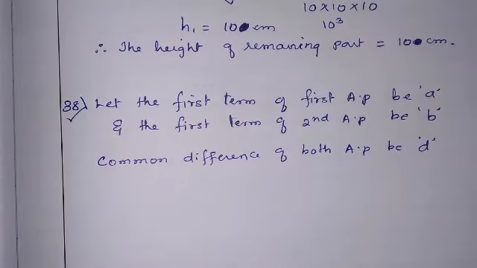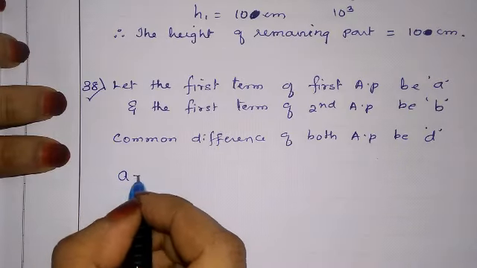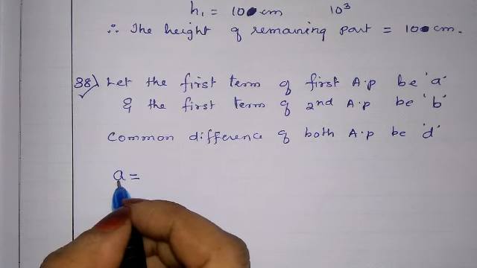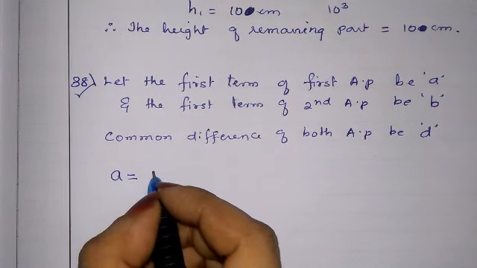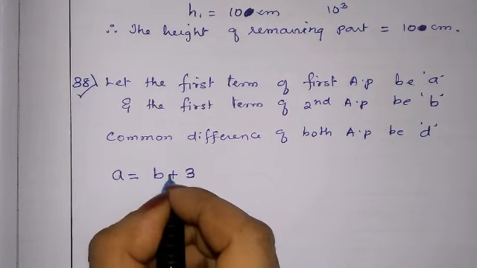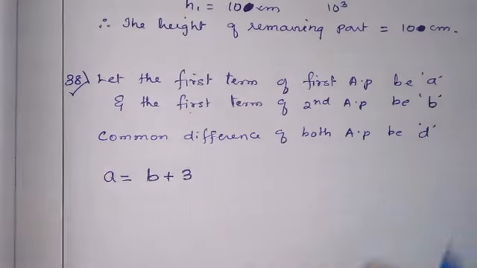Now let us write according to the condition: the first term of the first AP, A, is 3 more than the first term of the second AP, which is B.